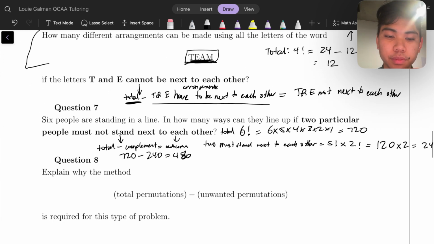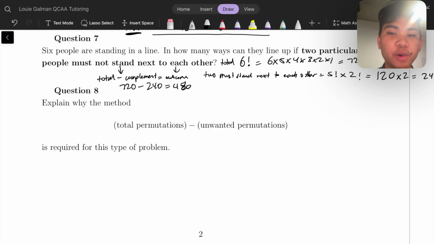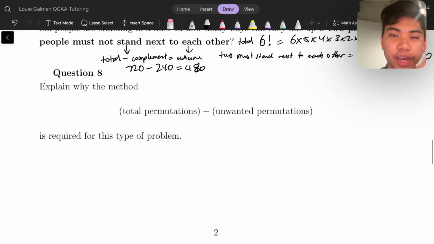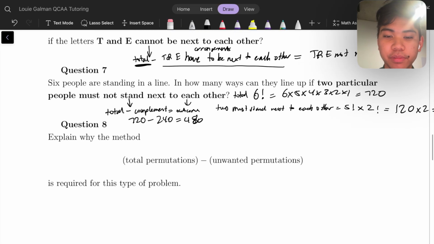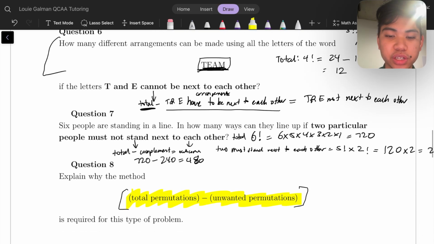Question 8, explain why the method total permutations versus unwanted permutations is required for this type of problem. Yeah, so again, that's sort of the formula in, I guess, neater terms, if you want to see it like that, that I've been using for question 6 and question 7, right?